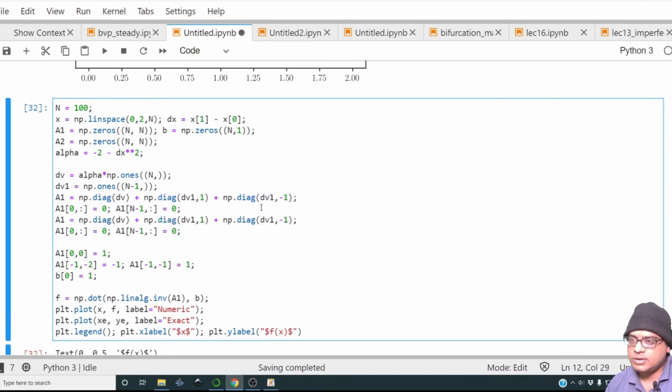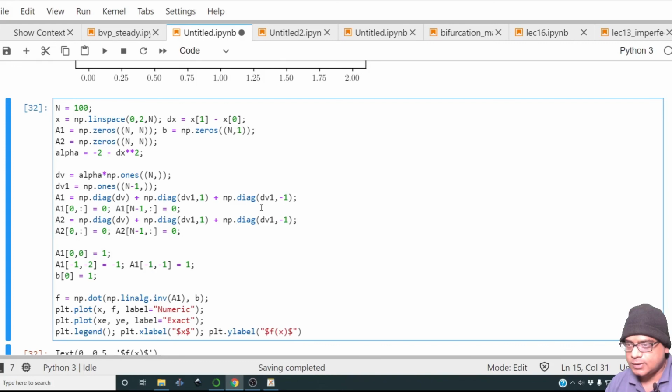So everything is same for A1 and A2 up until the last point. In fact, we could have used np.copy, but anyway, we've done it the hard way. No problem. We could have used np.copy. That is, make a copy of A1 and assign it to A2.